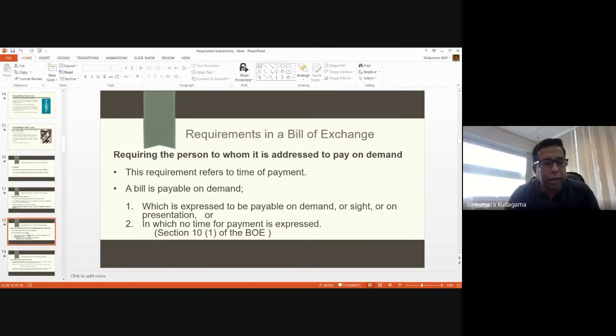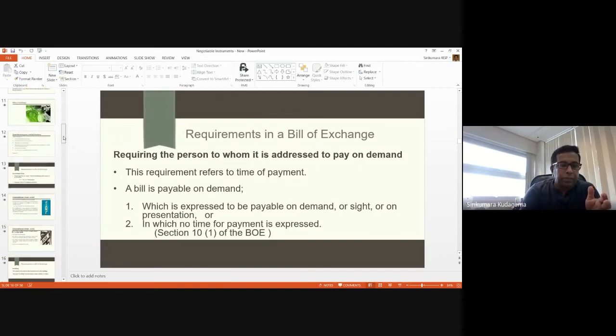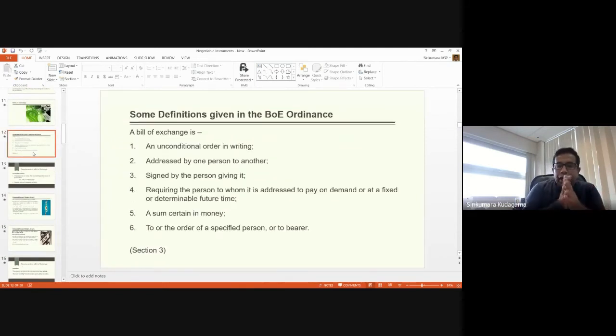Pay on demand or at a fixed or determinable future time. We'll go to slide number 12. So there are three occasions in which this payment can be made. Look at number 4 here very closely.